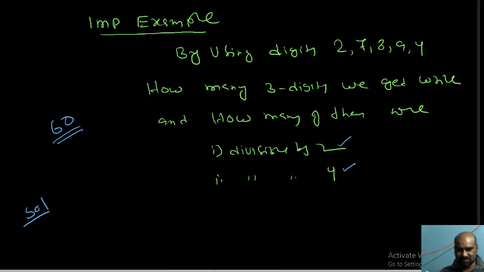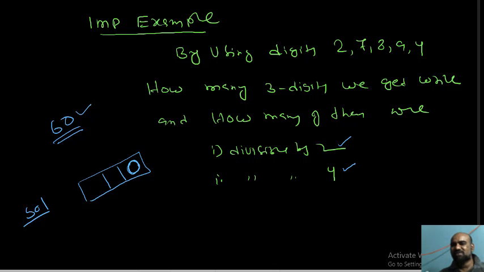I will explain. Listen students. Now the question is, among these 60 3-digit numbers, how many are divisible by 2? Or indirectly, how many of them end with an even number? So what is the meaning of that? This blank should be filled with only an even number.